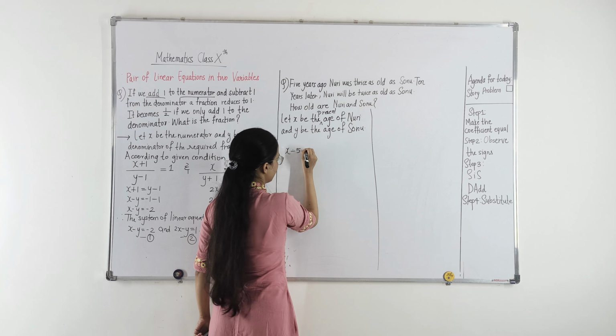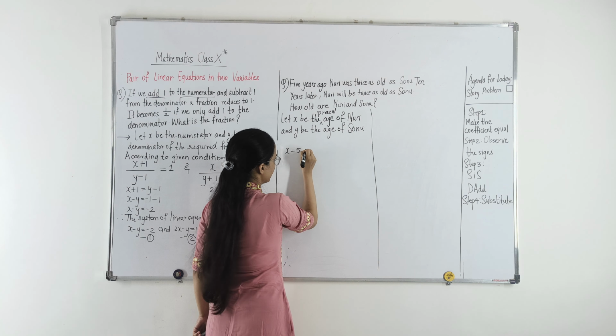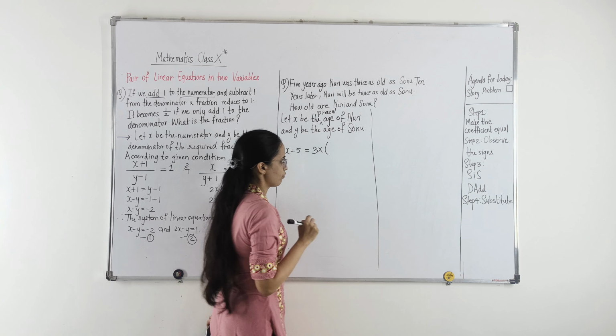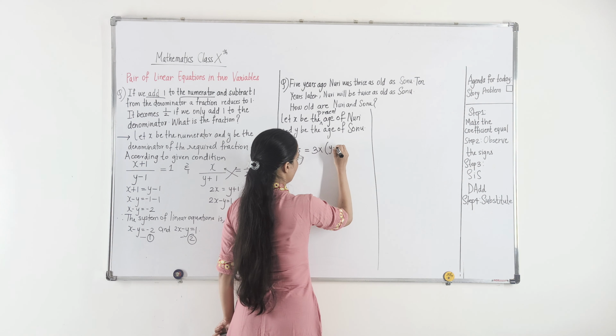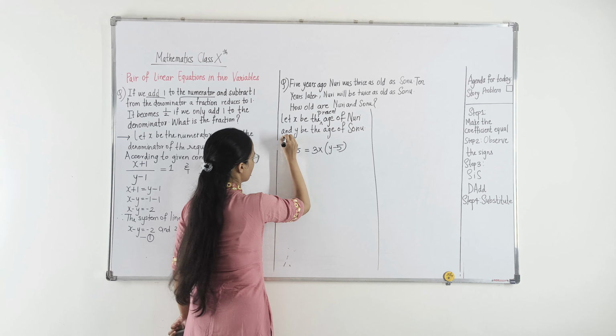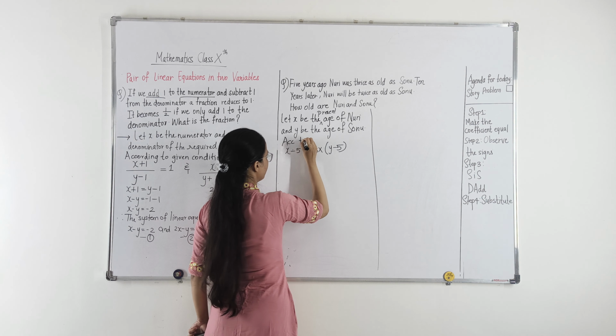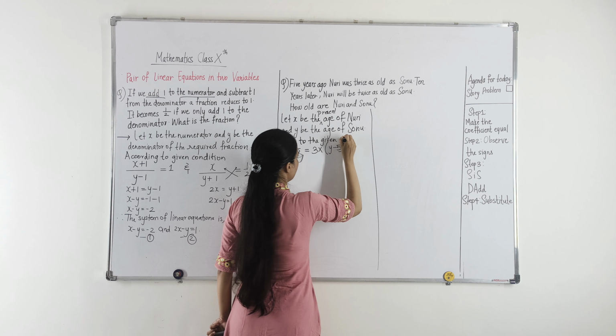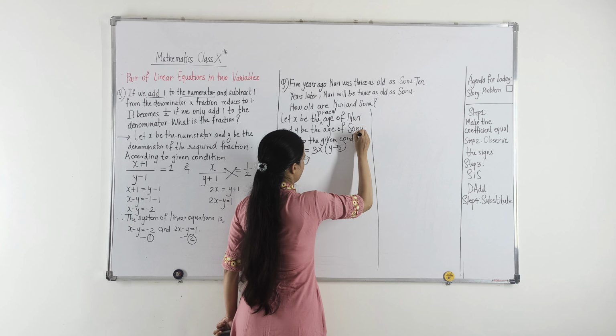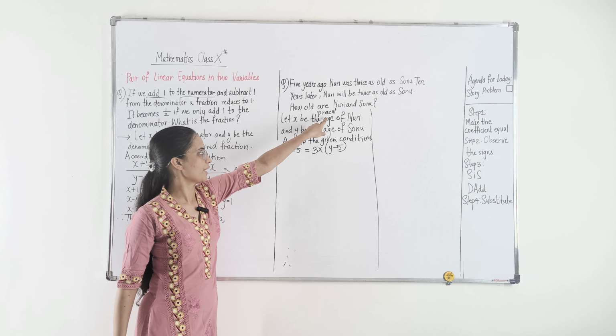Nuri was, that is equal to thrice, meaning 3 times of Sonu. So 5 years ago Sonu would be y minus 5. And how are we writing this? This is according to the given conditions. I hope you have all understood this, because we have taken x to be the present age.